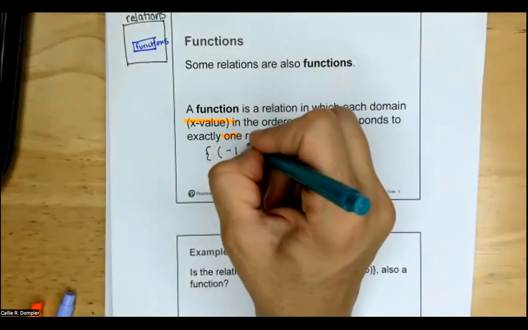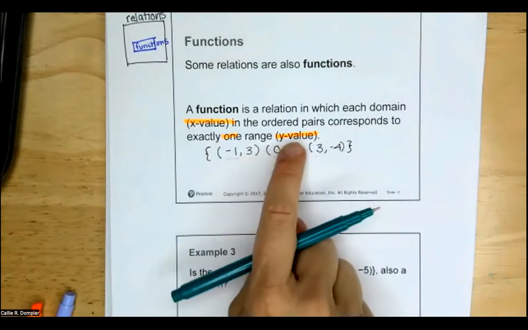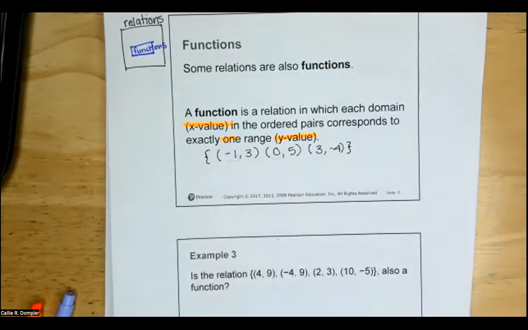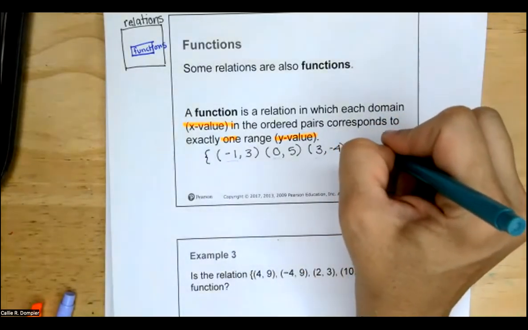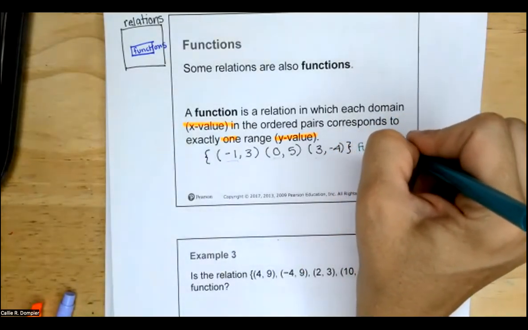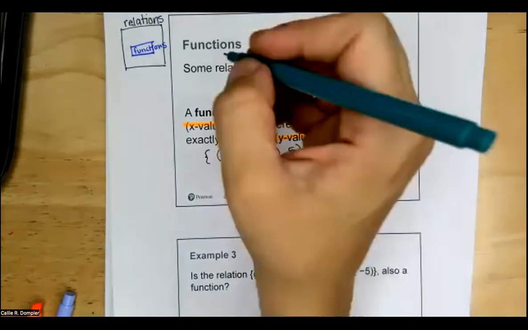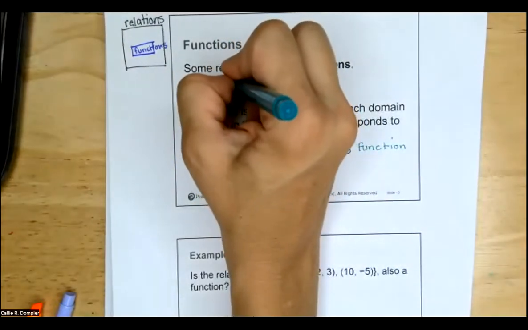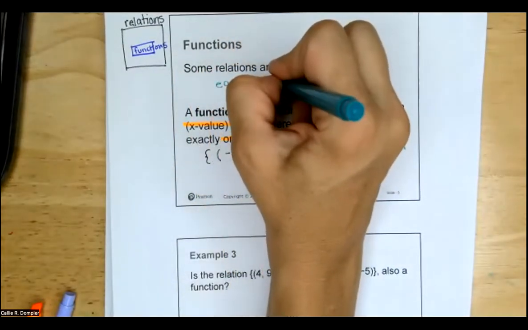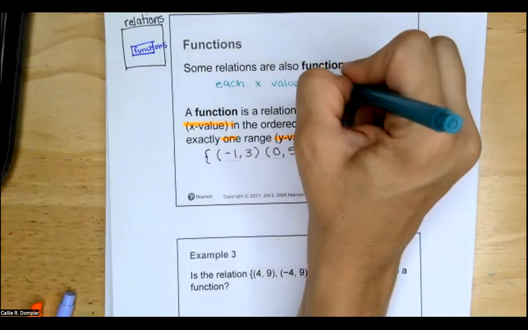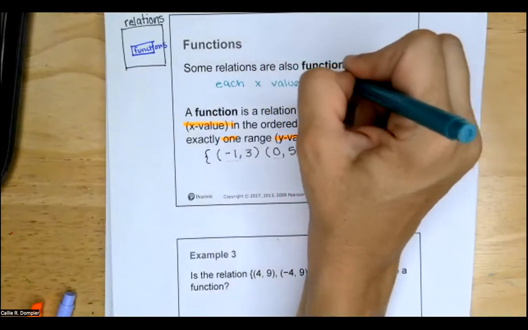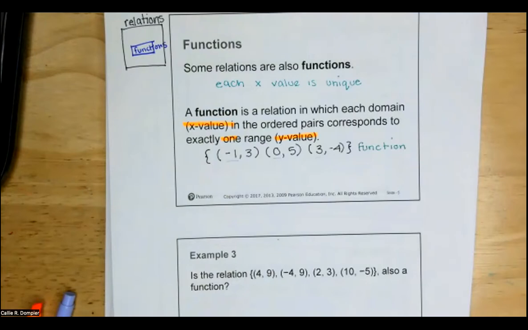So they each have only one Y value because they're not repeating, right? This is a function. Each X is unique. None of the X values have two separate Y values.